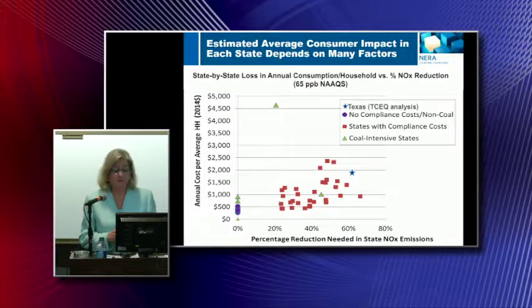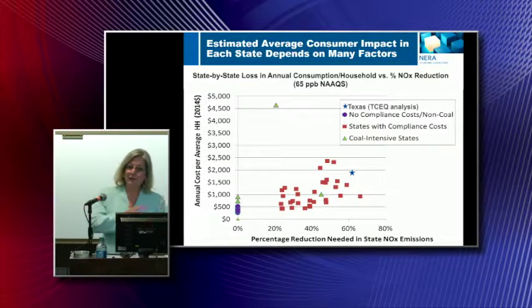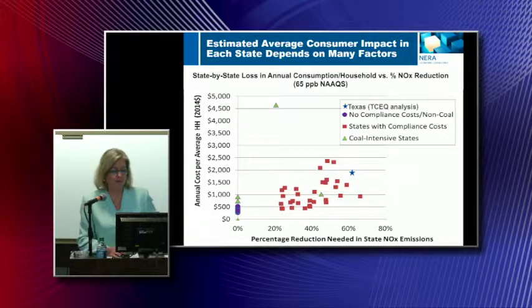So next thing you know, the effects are being trickled back to the coal-producing states who might otherwise think they're off the hook. And that very high-cost state, the green diamond at around $4,500, that's Wyoming. It does have some estimated reductions, but its economy is very, very dependent on coal and oil refining as well.